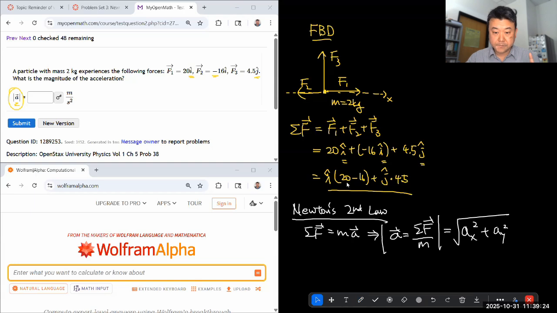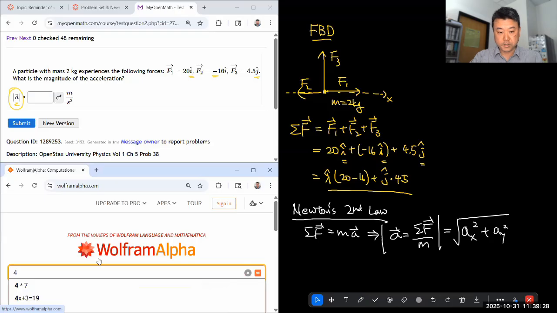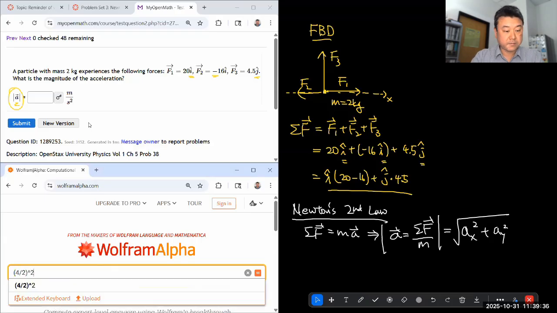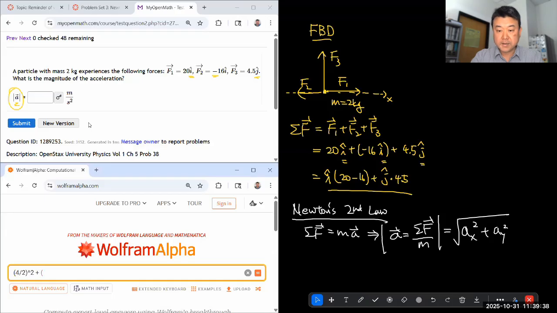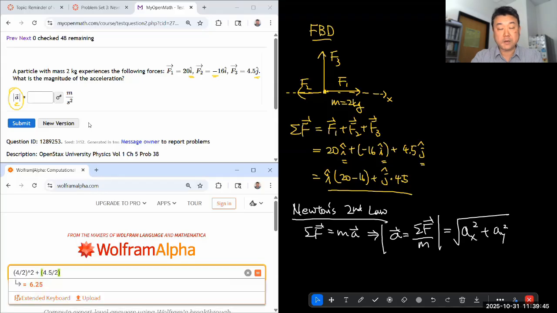So I have 20 minus 16, so that's 4 newtons, divided by mass, 2 kilograms. This is my x component of acceleration, square it, plus the same thing, 4.5 newtons divided by the mass, 2 kilograms. That's my y component of acceleration, square it.